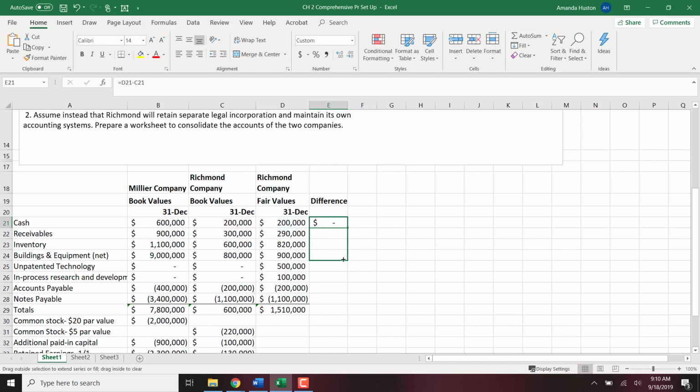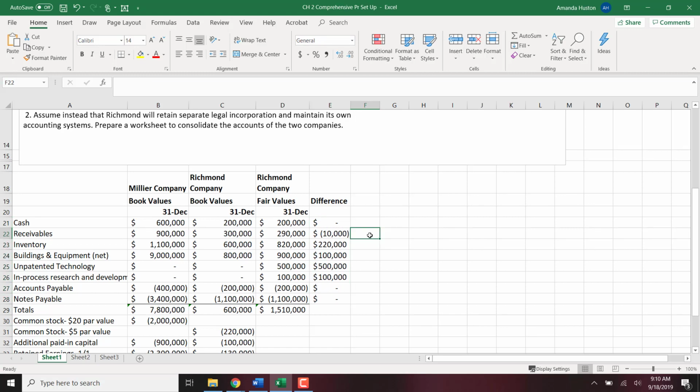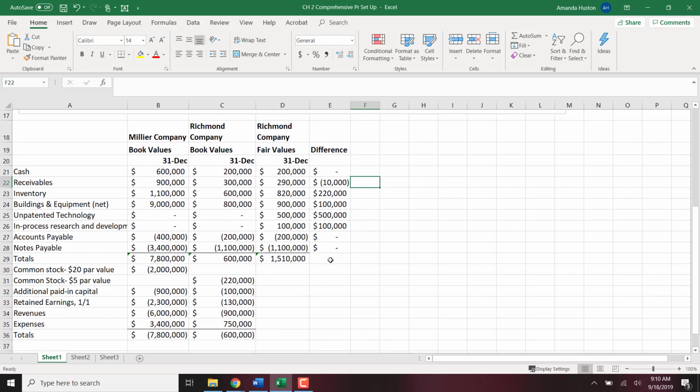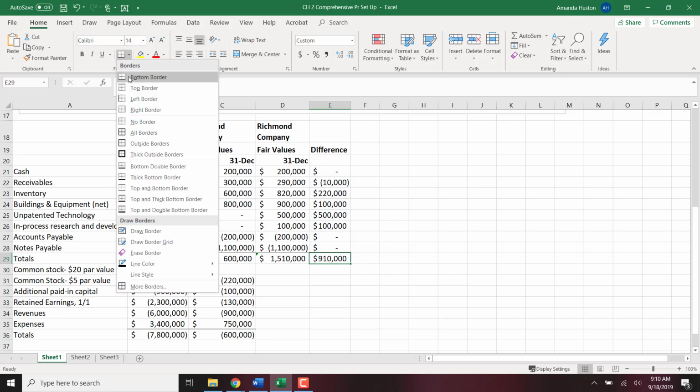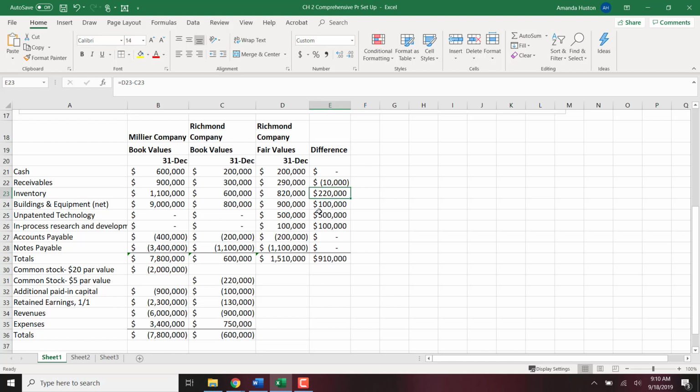So the fair value, and I'm going to add this up. There's fair value and book value differences.